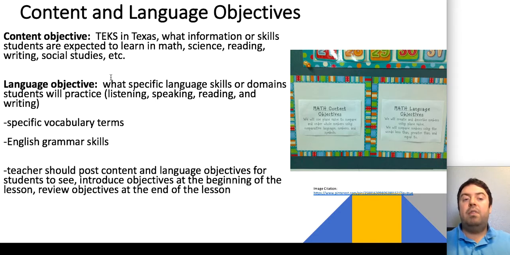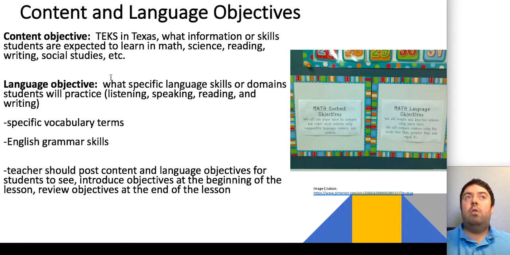So some examples of a content objective might be, for example, in third grade: students will learn how to multiply 2-digit by 1-digit numbers using visual aids as well as computational techniques. The language objective for that lesson might be: students will practice with their listening skills and speaking skills by discussing a problem with their partner.